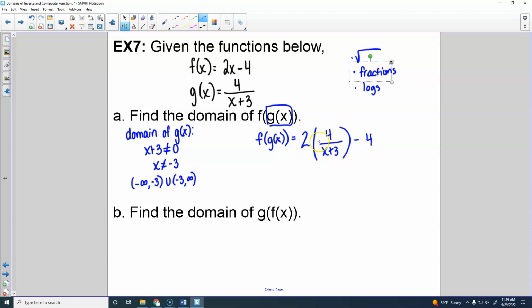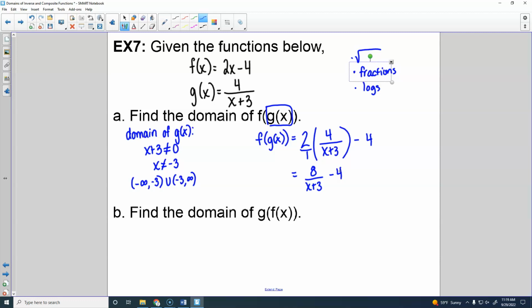If I try to simplify some here, this 2 is like a 2 over 1, so if I multiply it there, I'm getting 8 over x plus 3 minus 4. Yes, because to multiply fractions, we just multiply straight across. But to do that, we have to have a denominator there. So if we have a whole number, we can just put it over 1.